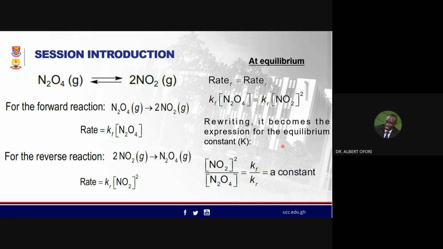So we can rewrite this in this form: the rate of the forward reaction divided by the rate of the reverse reaction should be equal to the product divided by the reactant, raised to the power of their orders. And these are all constants, so we can represent them as a constant. And that constant we call the equilibrium constant.